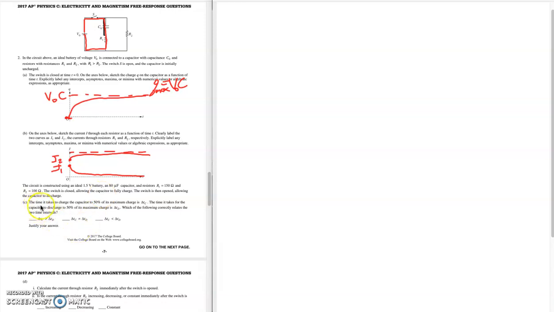Down in part C, they start to give us numbers, and they talk about how much time it takes to charge versus discharge. The amount of time that it takes to charge versus discharge is represented by the time constant. Now this R is the resistor that happens to be in series with the capacitor.